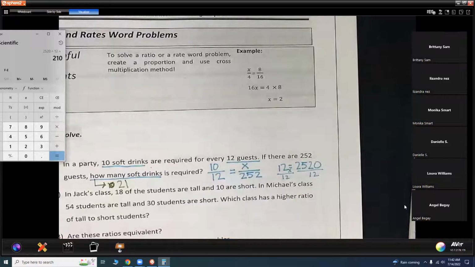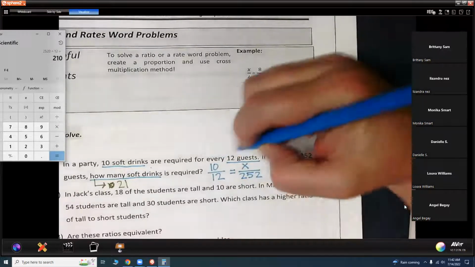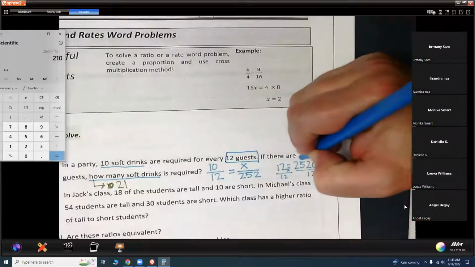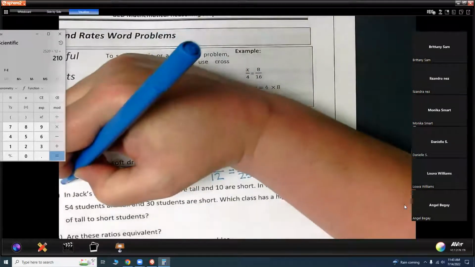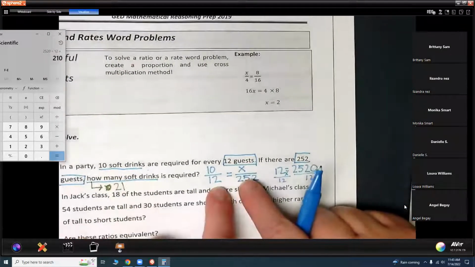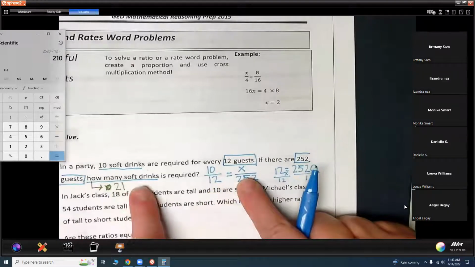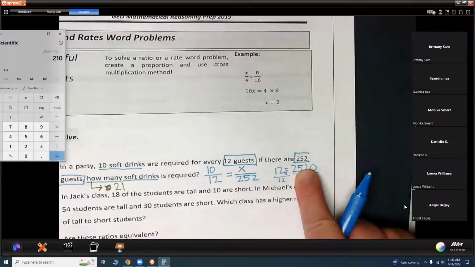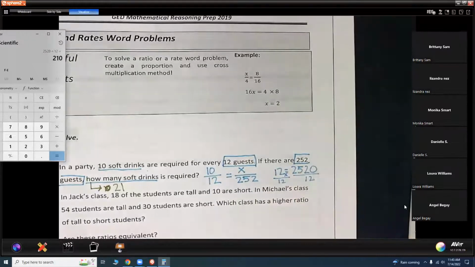You can do it two ways. For me, I instantly look and see: here's my first ratio that I know, and here's my unknown. Based on the two numbers I have, I just took 252 and divided by 12, and I got 21.